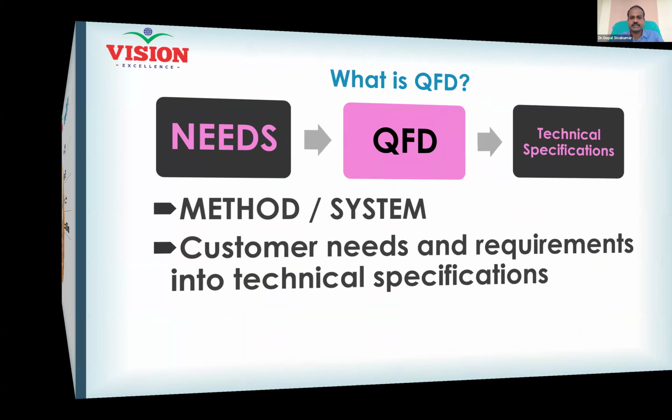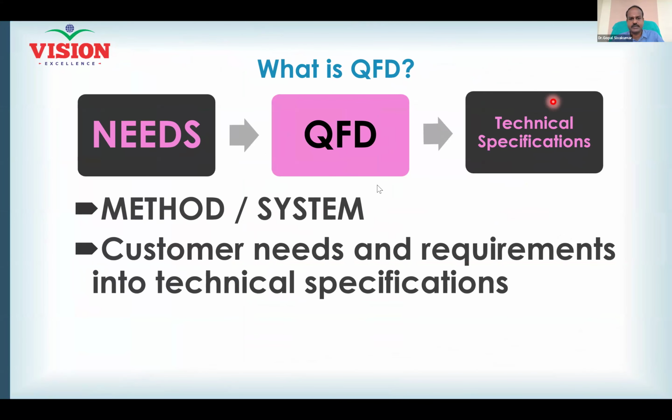So QFD is nothing but a process by which we convert the customer needs into appropriate technical specifications. You can call it a system, you can call it a method, but what are you doing? You are converting the customer needs into appropriate technical specifications. So the output is technical specifications for your product.